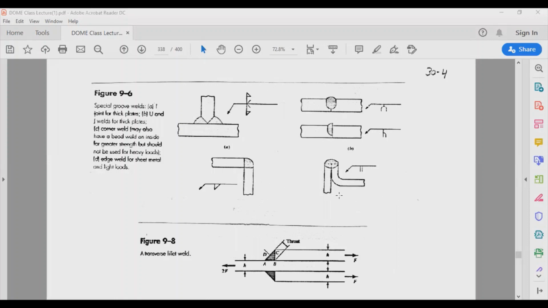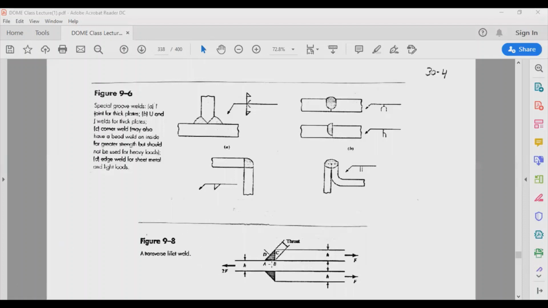For weaker configurations or sheet metals, one way to do it is you can use this corner weld, and this particularly is used on sheet metals, where basically you bend one plate and then you just give it a small distance so you can essentially weld on the top, right? And this is usually done for sheet metals.